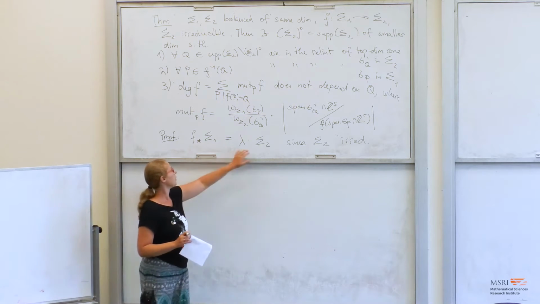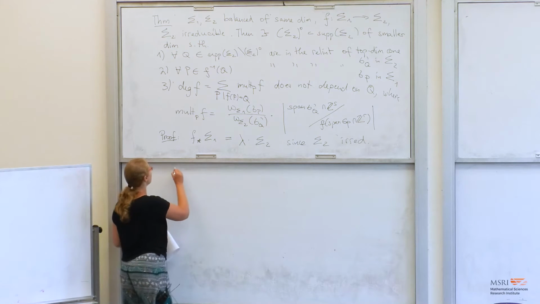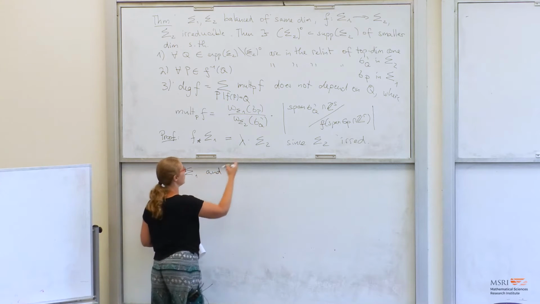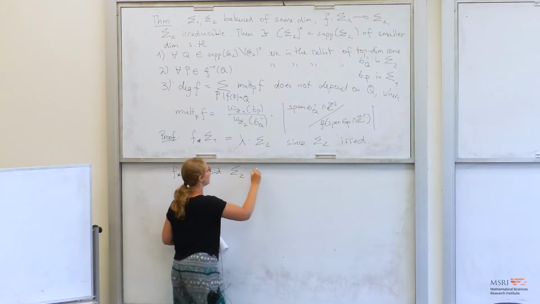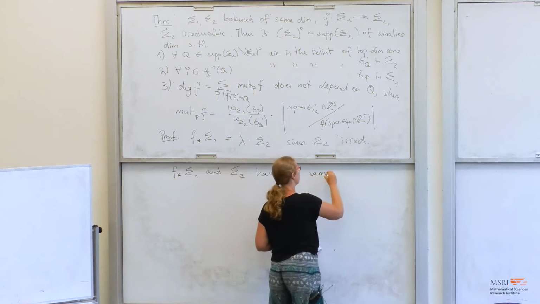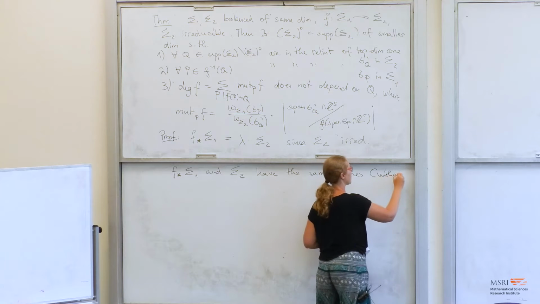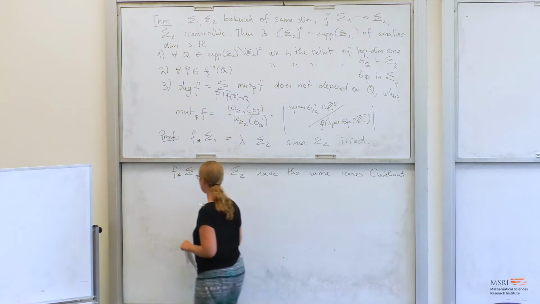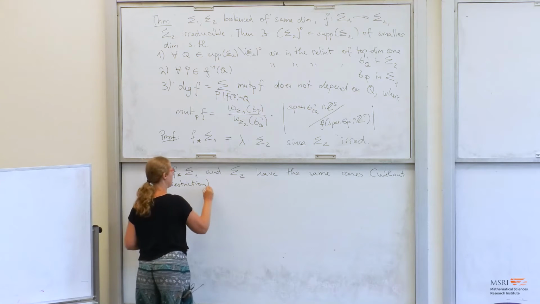And so I can always assume that these and these have the same cones. And then it's really just the weights that differ by a constant factor. And this is a statement that holds without restriction in the sense that I can just go and subdivide if it's not already true, right? And subdividing doesn't hurt me.